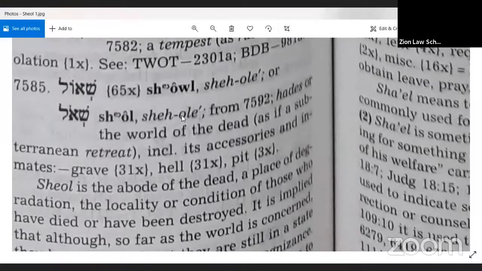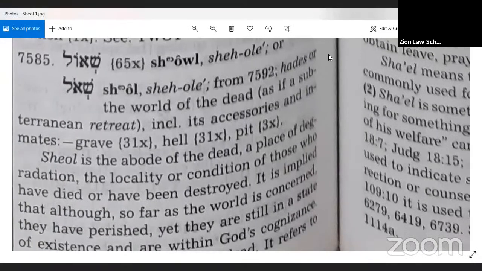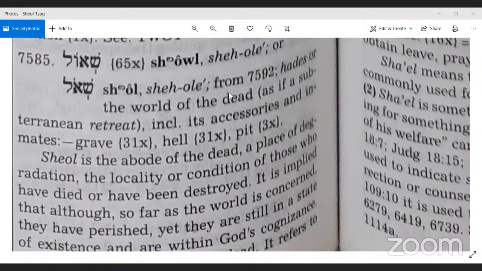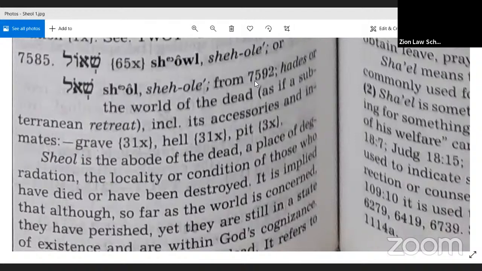Okay, so here we are, 7585. Can everybody see this? Okay, it says, so from 7585, we just read that, to inquire, by implication to request, by extension to demand, right? It's basically a greeting.